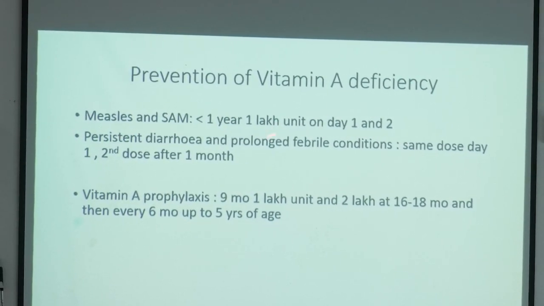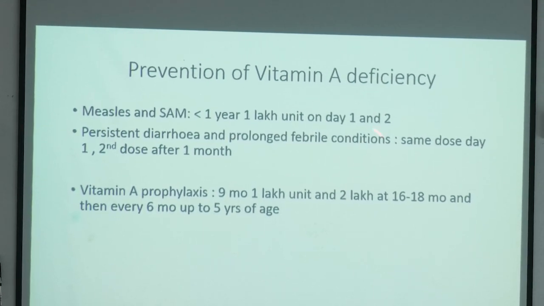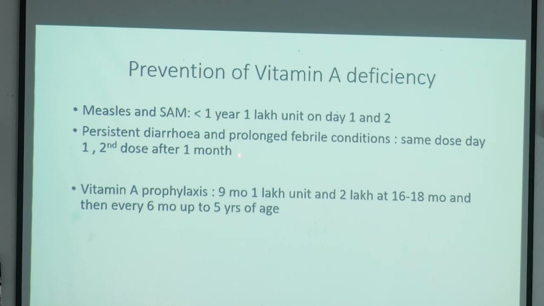And if it is persistent diarrhea or prolonged febrile conditions, then the same dose on day 1, but the second dose should not be on day 2, but after 1 month. So they are giving most importance to measles and severe acute malnutrition, where the second dose is given on day 2. In other cases, it is given after 1 month.